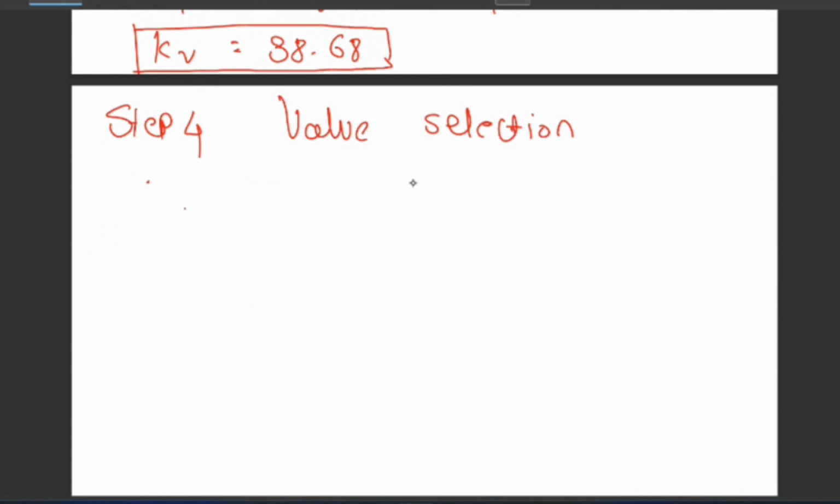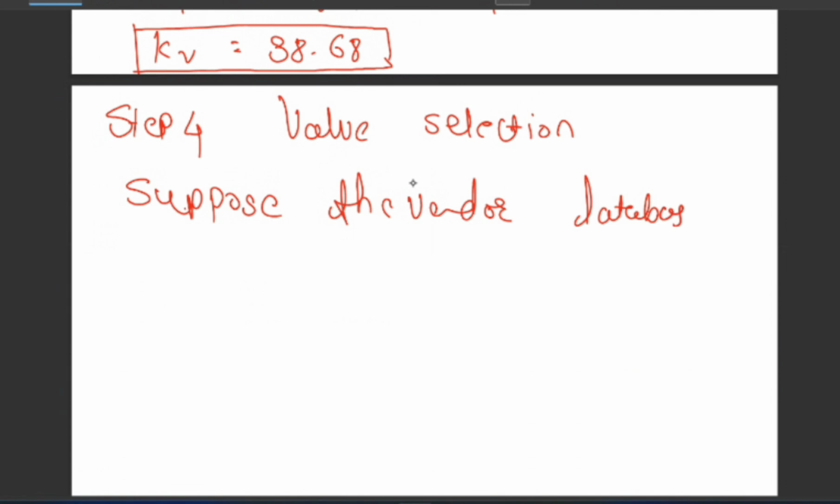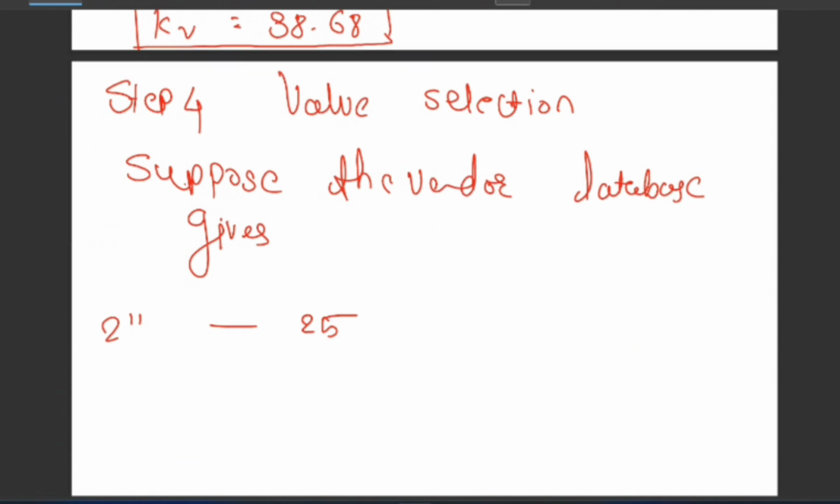So suppose the vendor database gives, for 2 inch, let's say it is 25. ये wall है, this is the wall and this is the rated CV.